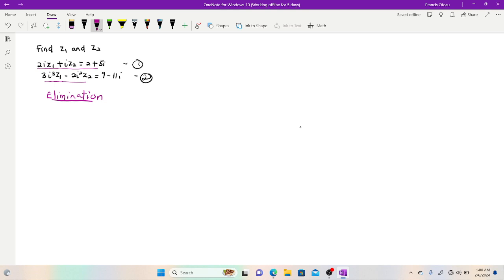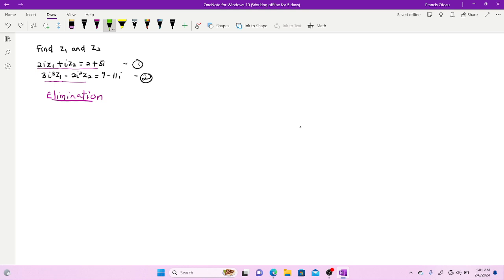So in this case, from equation 2, there is negative 2i squared z2, and I have i z2 in equation 1. If I want to eliminate z2 so that I can find z1, then I need to make the coefficient of z2 here the same as the coefficient of the 2i squared z2. So how do I make such changes?